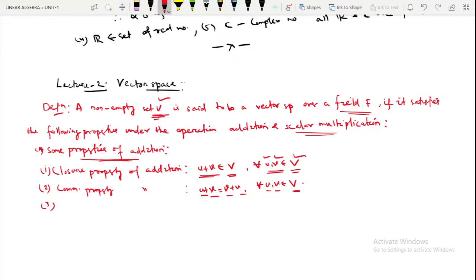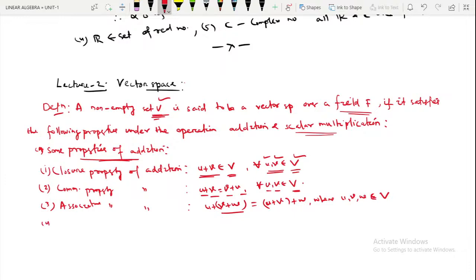Then next property, associative property of addition. It says u plus (v plus w) is equal to (u plus v) plus w, where u, v, w belong to that non-empty set V.